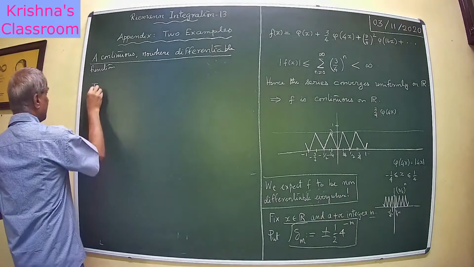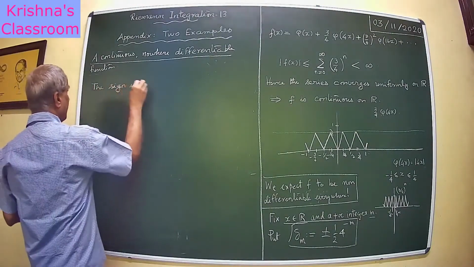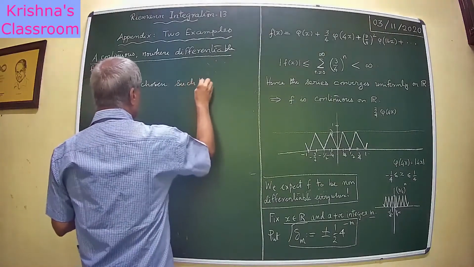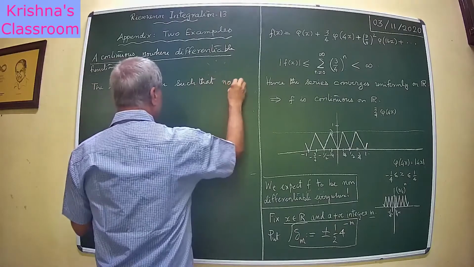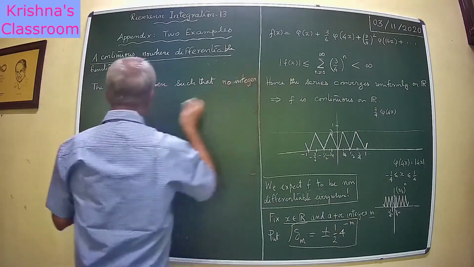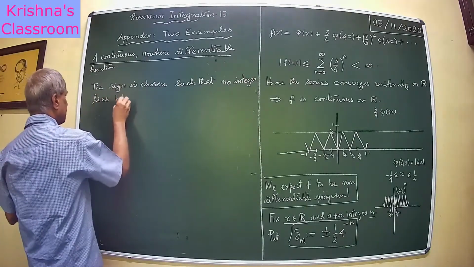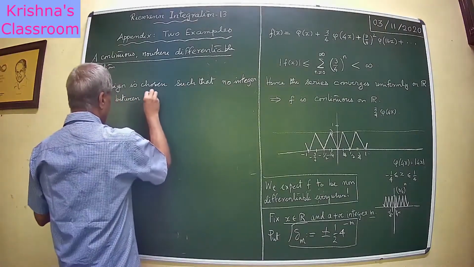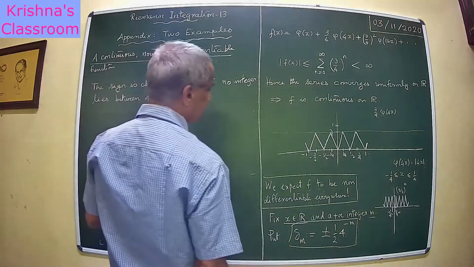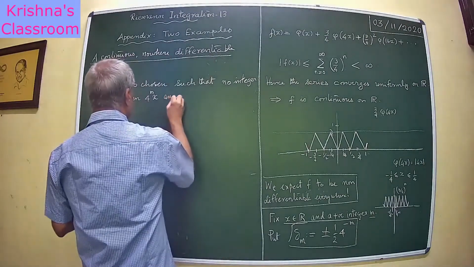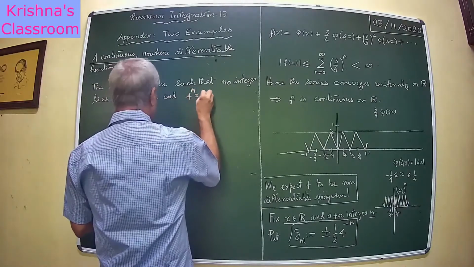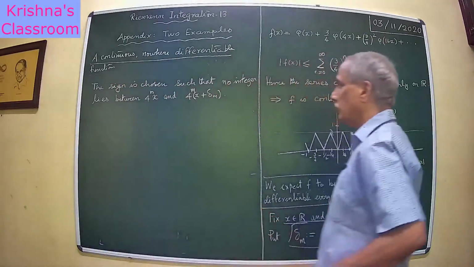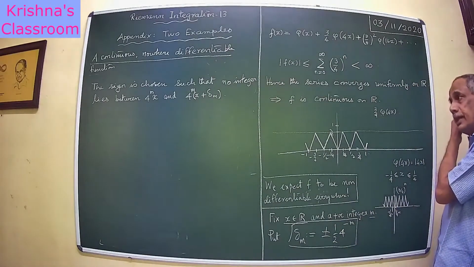The sign is chosen such that no integer lies between 4 to the power m x and 4 to the power m (x plus delta m).